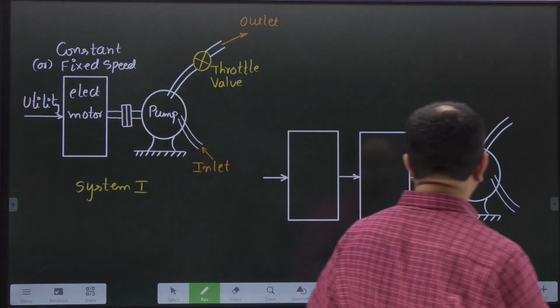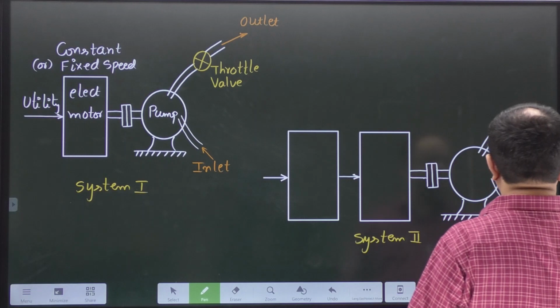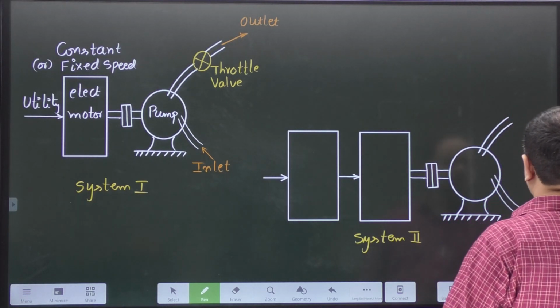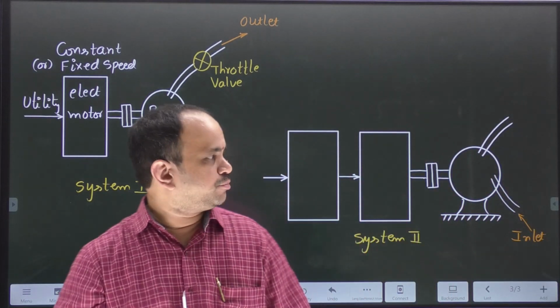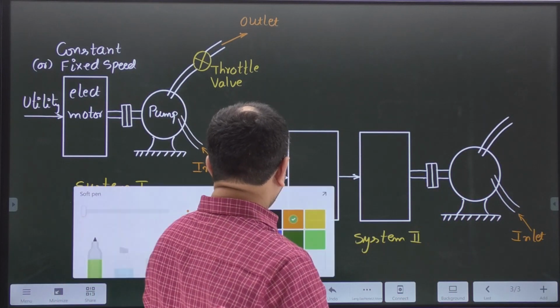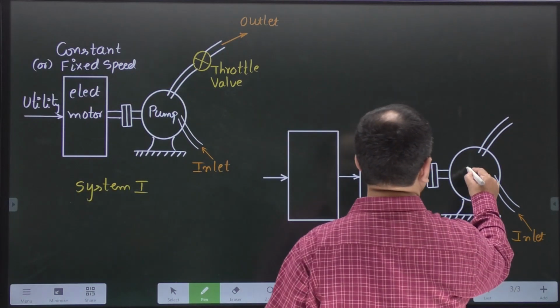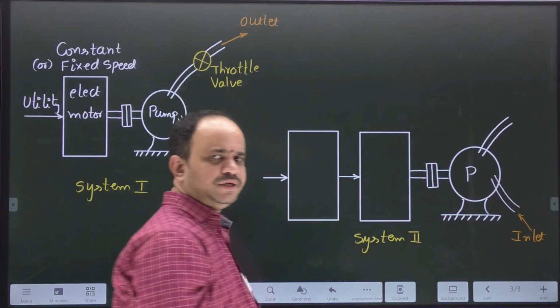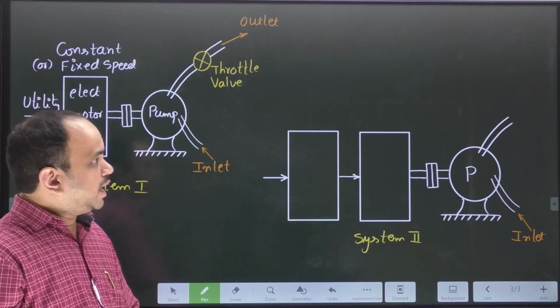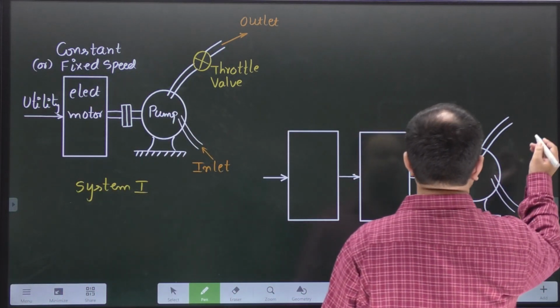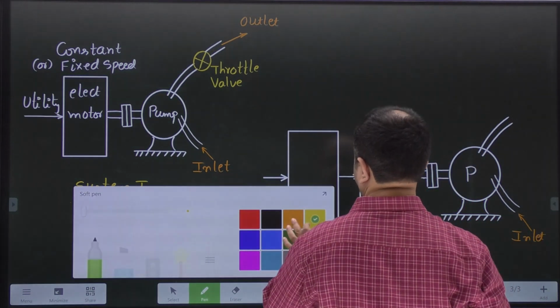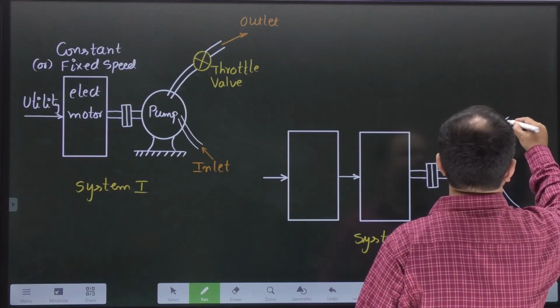We will take the water from ground level at the inlet position, and there is a pump, let me call it P, P stands for pump, and we need to control the flow of water at this outlet position.